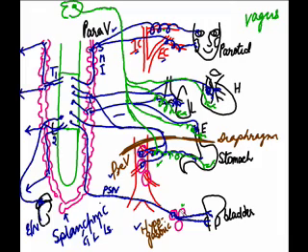In the sacral region, the parasympathetic comes from the sacral segments, the S2, 3, 4. So from this area it comes, and it travels as pelvic splanchnic nerves too, takes part in the hypogastric plexus, travels with this, and then goes to synapse again in ganglia which are present in the walls.